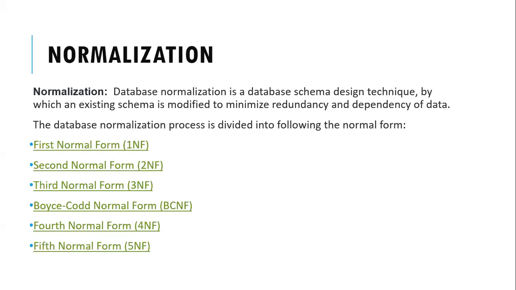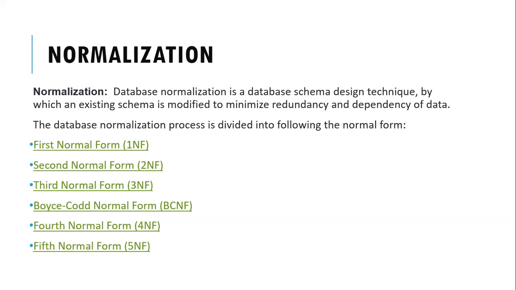Now the source might send the pin code, street name and apartment number each in a separate column. In that case it's not useful, it creates unnecessary data. So we use the normalization technique: first normal form, second normal form, third normal form, BCNF, fourth normal form, fifth normal form.